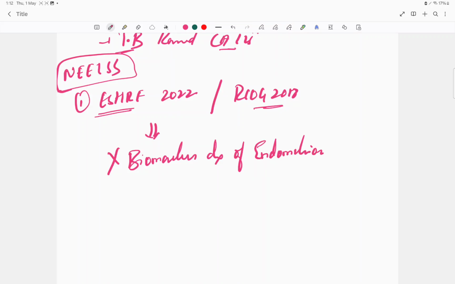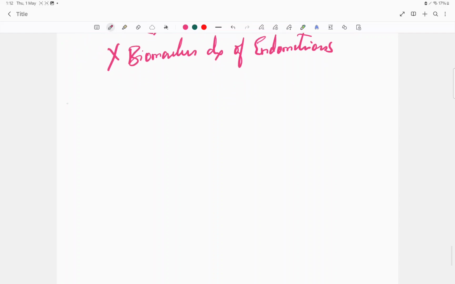This true or false statement was asked in NEET SS: what are the recent ESHRE guidelines regarding biomarkers of endometriosis? The use of biomarkers to diagnose endometriosis is not recommended. Now, another biomarker is miRNA. It's a non-invasive test which is still under development.